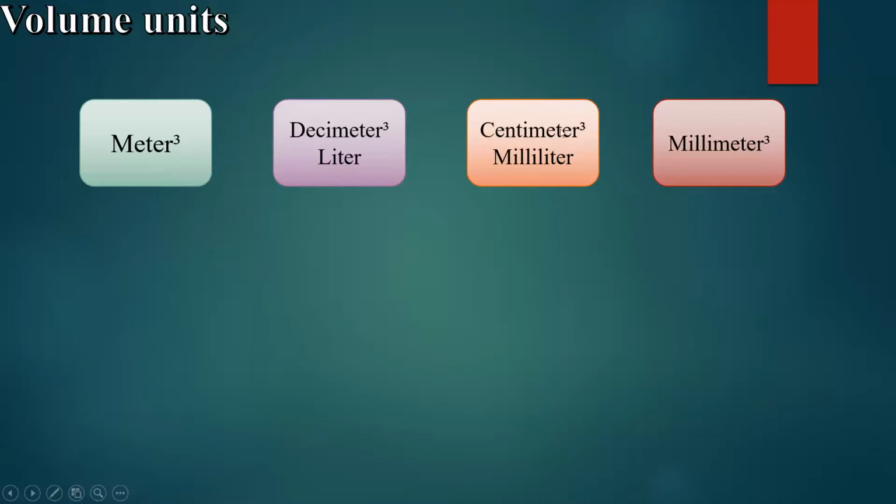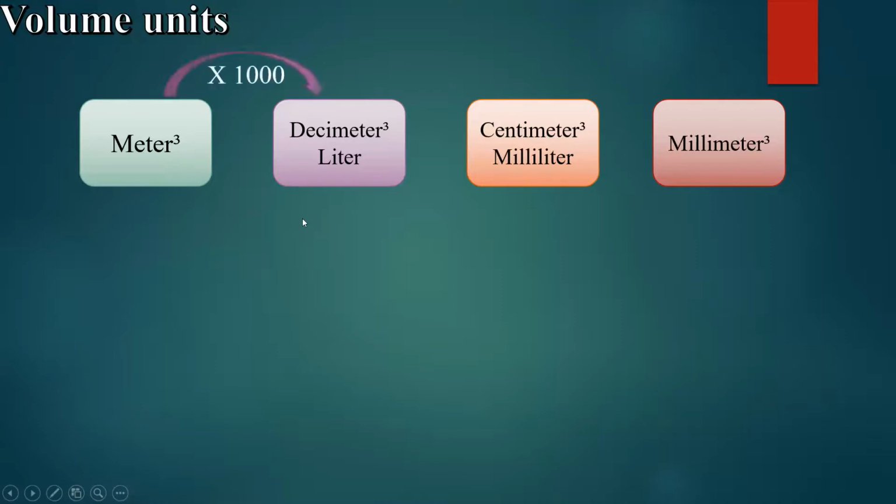And we have cubic centimeter and it is equal to milliliter. You can read liter or milliliter on bottles, on a Pepsi can, on a juice can, or on a milk bottle. Okay, let's see how to convert.